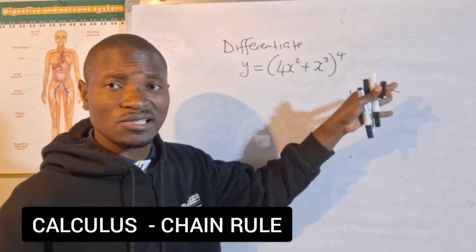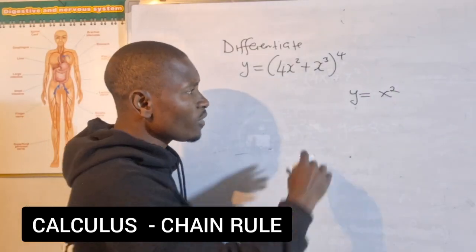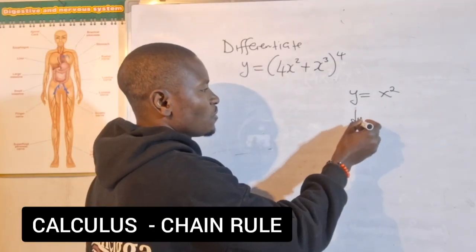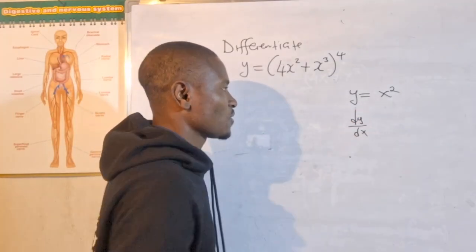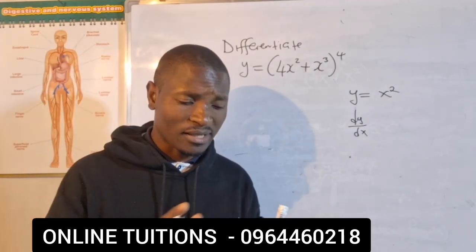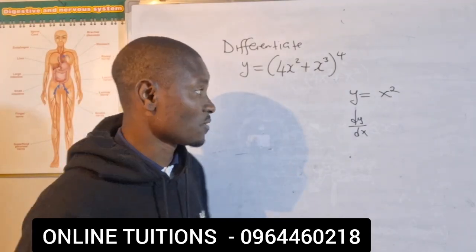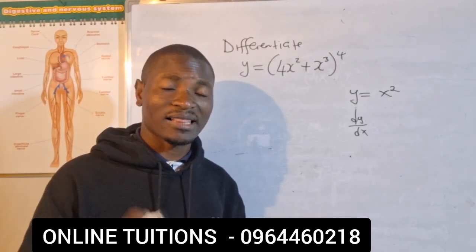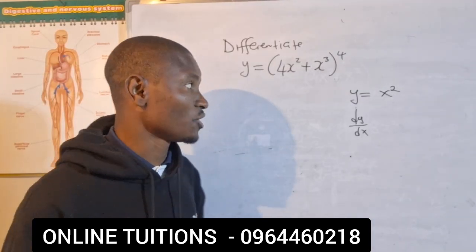Now, this is the simplest of all, meaning that if I was going to differentiate, I'm going to say dy over dx. Now remember, the dy dx has nothing attached in terms of mathematics, okay? This is just a mathematical symbol for differentiation.